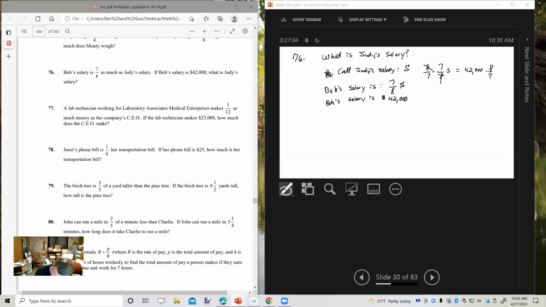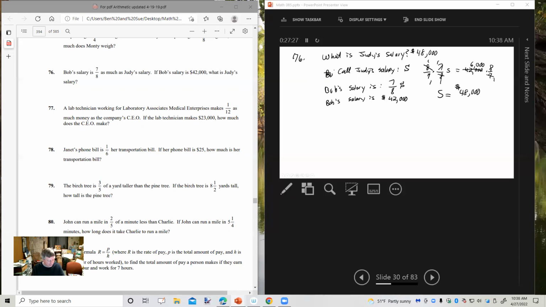So this reduces down to 1 times S, or just S. 42 over 7 would be 6. So this would be 6,000 over 1. 6,000 times 8 would be 48,000. What is Judy's salary?